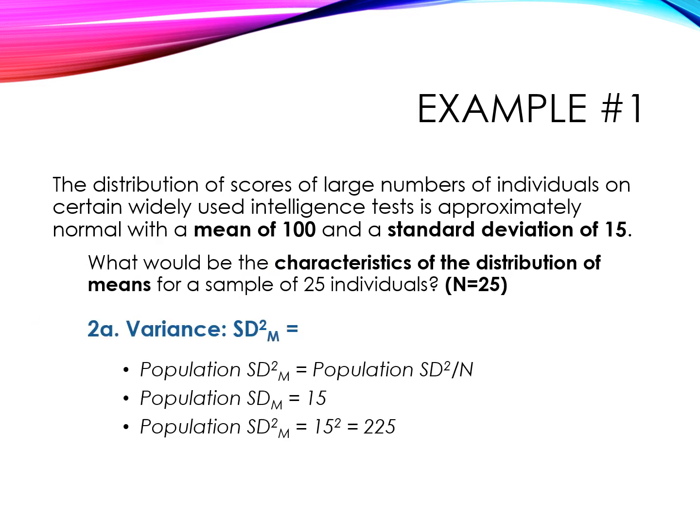Number 2, variance. SD squared for the distribution of means. The population variance, or SD squared, for the distribution of means is equal to the population of individuals variance divided by N. Okay, so remember that we were looking at the population SD, so we need to get it squared.